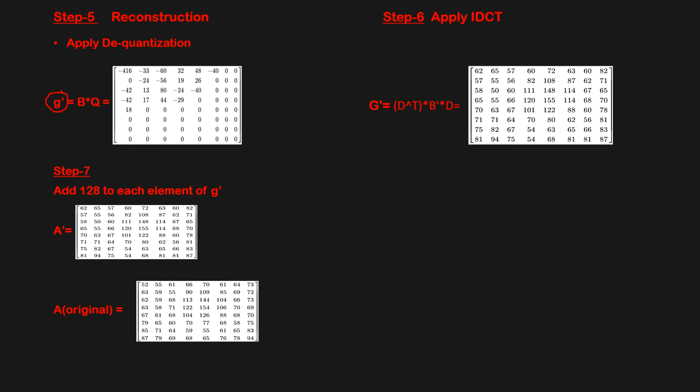Then we apply inverse discrete cosine transformation, D transpose into the matrix, sorry, here it's wrong, actually small g dash. So with small g dash you will get the inverse DCT matrix.